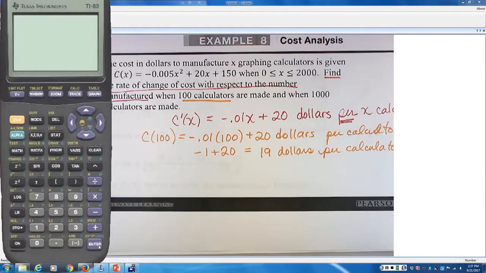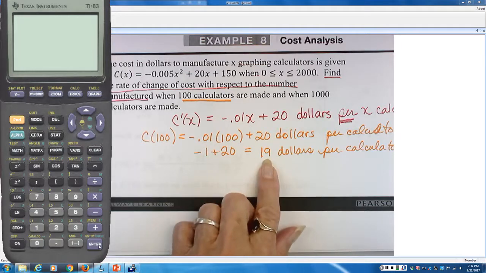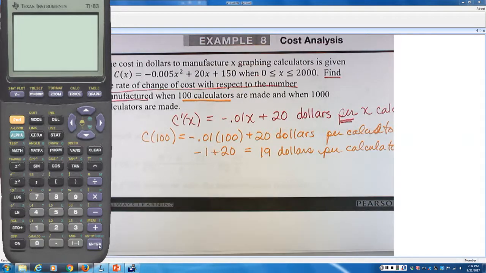So the marginal rate of change, or the marginal cost, the rate of change of cost, when you made 100 calculators, is $19 per calculator. Now, interpretation-wise, what that means is it costs $19 to make the 101st calculator. Okay? It takes $19 to make the next one.